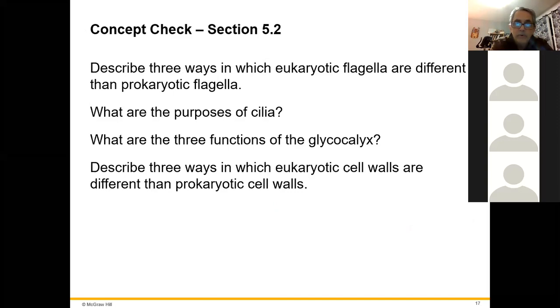Prokaryotic cell walls, whether gram-negative or gram-positive, as we mentioned before, are made of peptidoglycan, which are two modified sugars in repeating units. These are not found in eukaryotes. In eukaryotes, the fungi have chitin, and plants have cellulose as their cell wall.